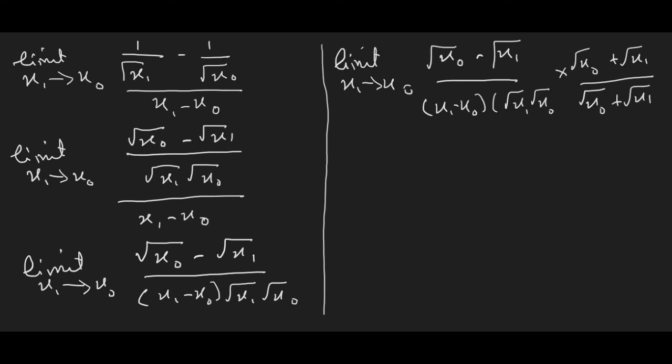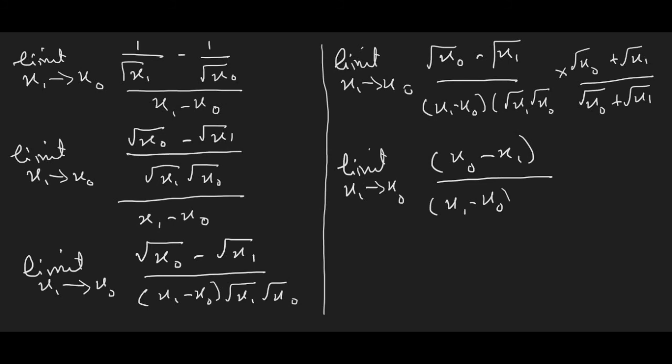Now this becomes the expansion of a square minus b square, so we are going to write limit x1 approaches to x0 and it becomes x0 minus x1 whole divided by x1 minus x0, x1 under root x0 and under root x0 plus under root x1.